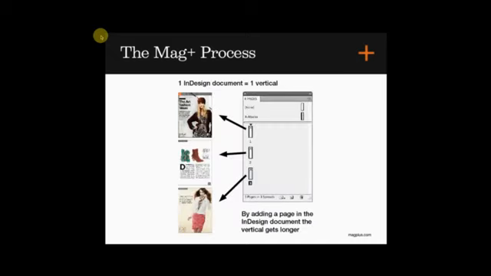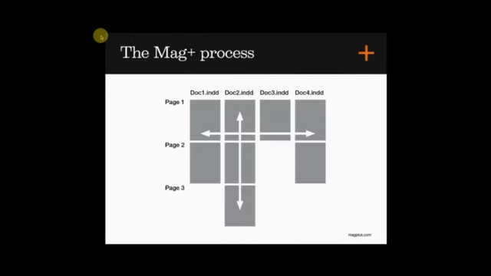As you saw on this page before, each page that you add in the InDesign document will extend the height of the vertical, making it longer. In the end, you will have something looking like this, where you have vertical 1, which is document 1, with 2 pages, vertical 2, document 2, with 3 pages, and so on. You can change however you want.